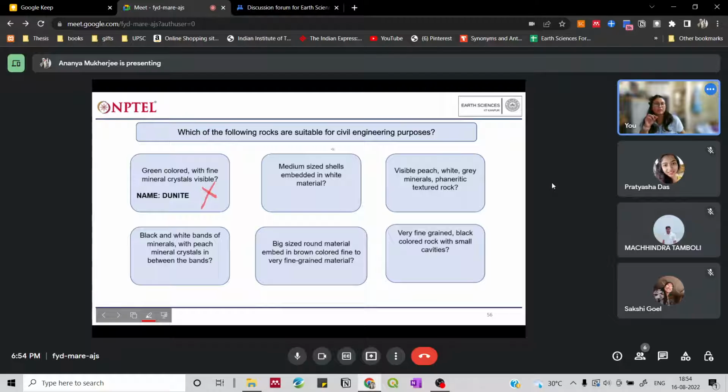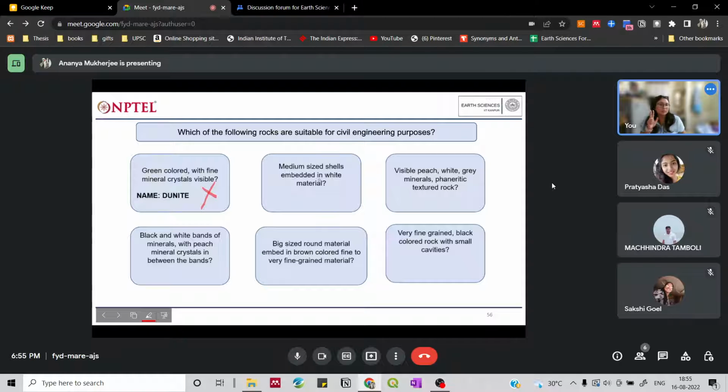Next rock we have: suppose you find medium sized shells in it embedded in white material. Shells are formed of calcium carbonate, so that is our first clue that this is a sedimentary rock. The material surrounding the shells is also white, so the white material is matrix and also cement. If it is white in color, it is most probably calcium carbonate.